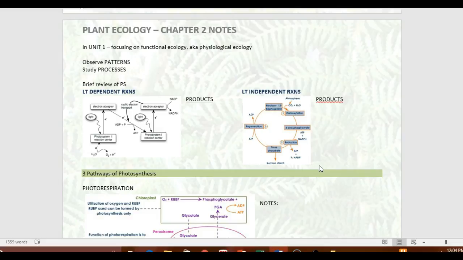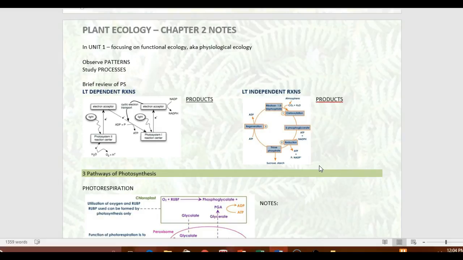It uses light energy to split a water molecule, frees hydrogens, frees electrons, frees oxygen, so that when we look at the overall equation, CO2 plus H2O, there's our water, gives us O2, there's our oxygen, plus C6H12O6. And that's our sugar that spins off the cycle to go through the sugar synthesis process.